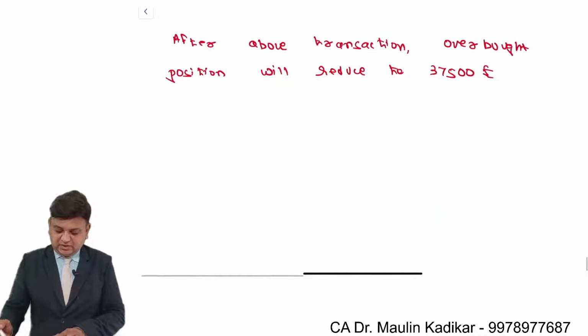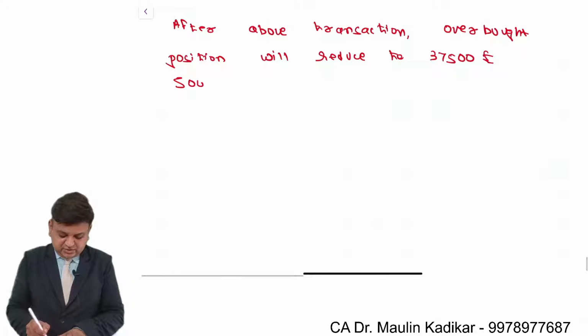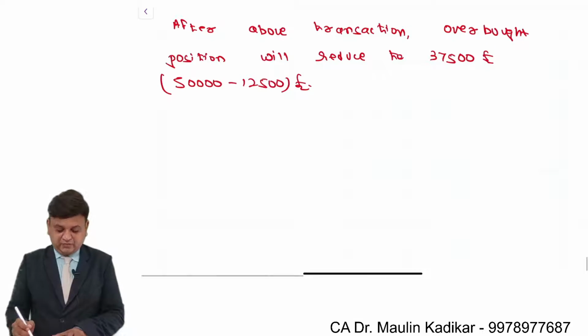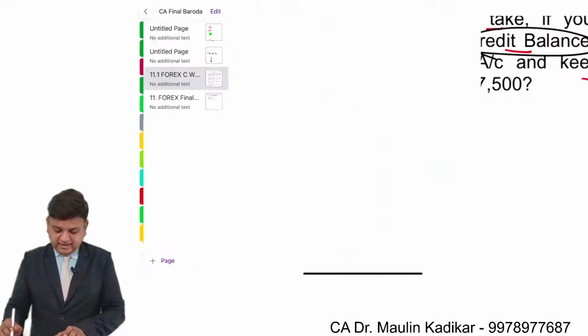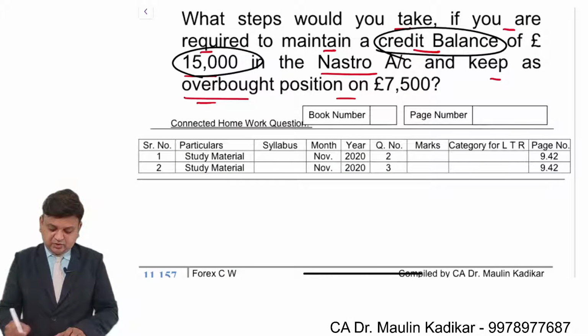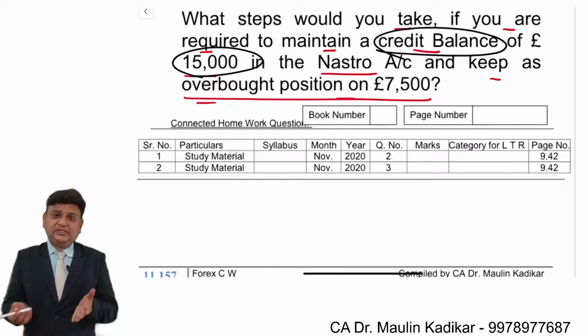How is this calculated? 50,000 minus 12,500. Full stop. Now the question says you want to have the overbought position of only 7,500.